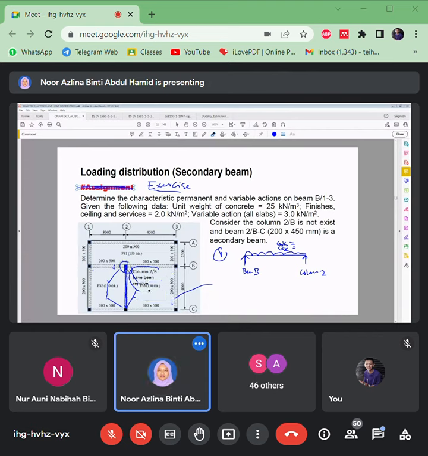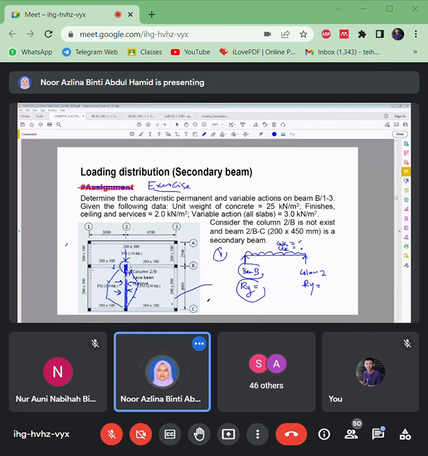That's the load transferred to this secondary beam. You get GK and QK, right? So beam B will have reactions. From this loading, you can calculate what's the RY. This RY will be a point load on beam B.